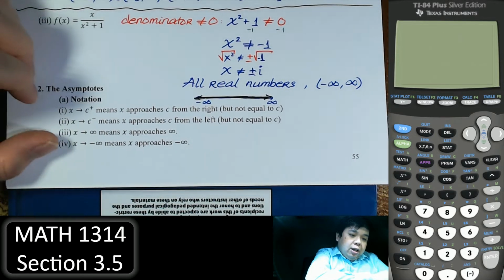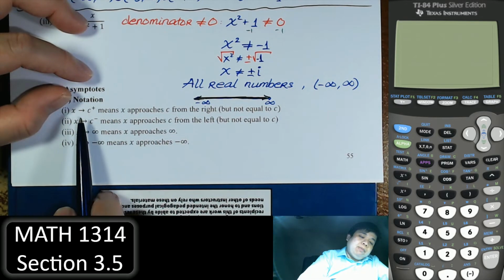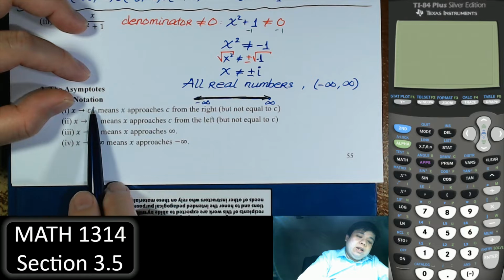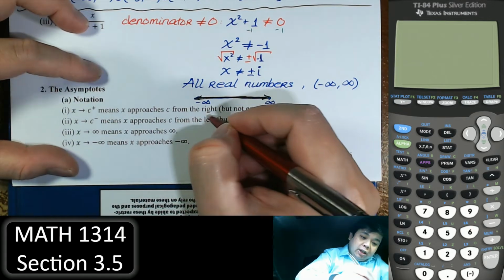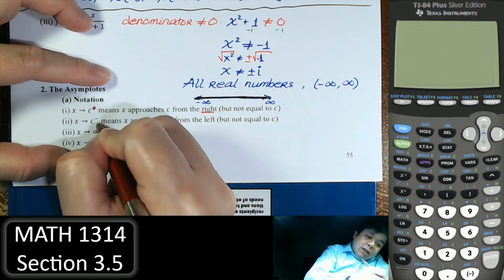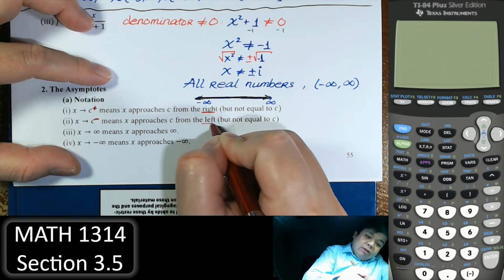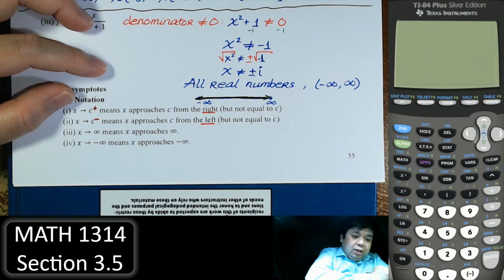Right. Next, the asymptotes notation. When x goes to c with the superscript plus, it means that we're approaching c from the right. The superscript minus is from the left, but not equal to.